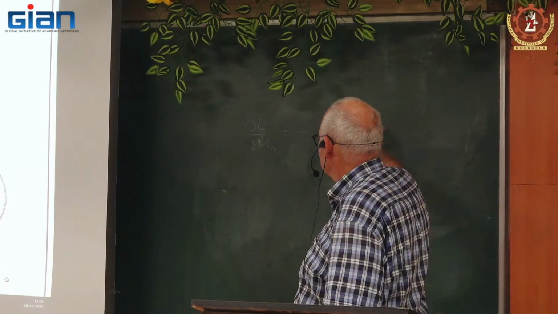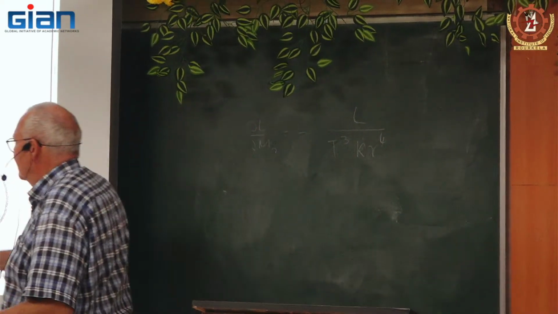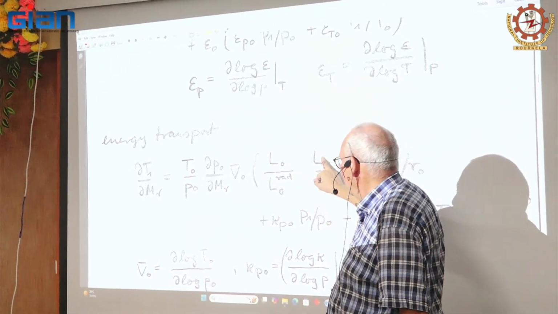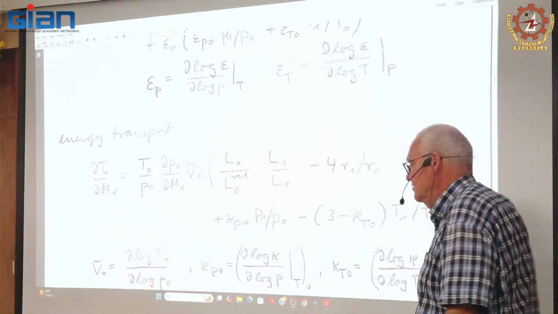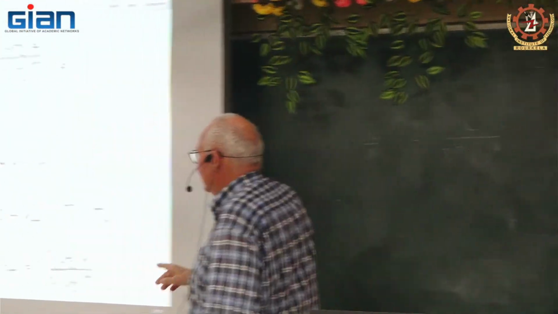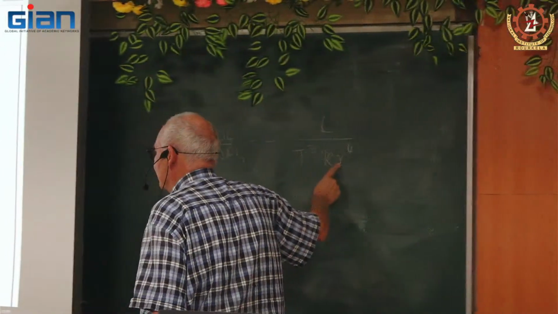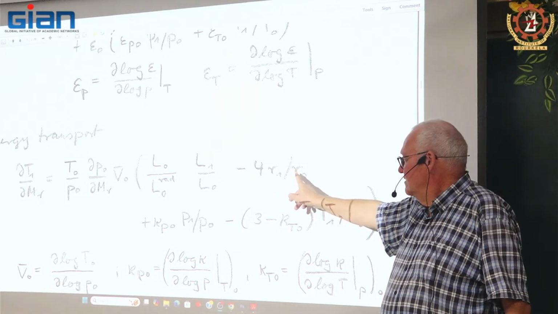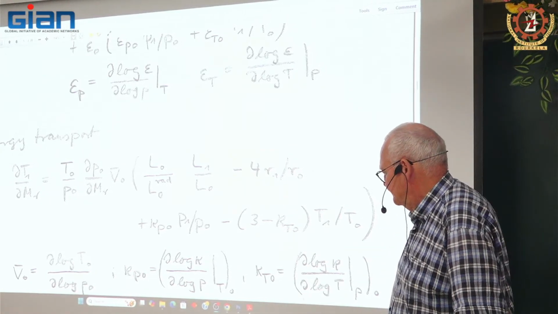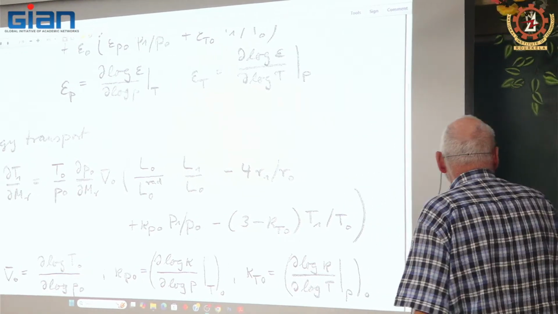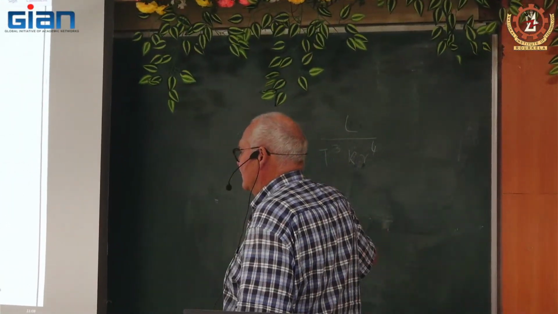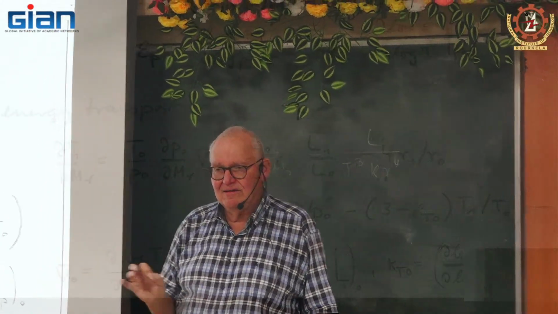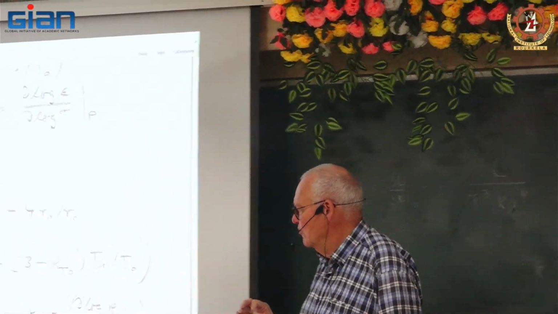We need to linearize this term. In terms of the linearization of the luminosity, this gives a term proportional to L1 over L naught. Then we have 1 over r to the 4th, which gives a minus 4 times the perturbation of the radius. And then we have the opacity, which gives you some of these logarithmic derivatives, like the density which we saw before.